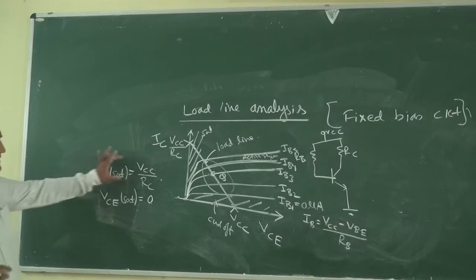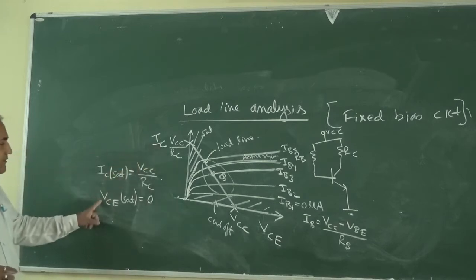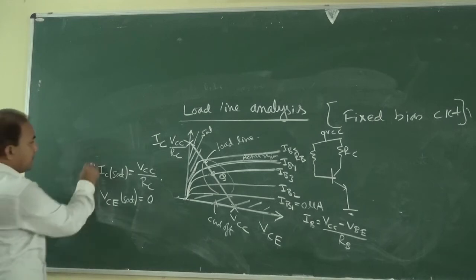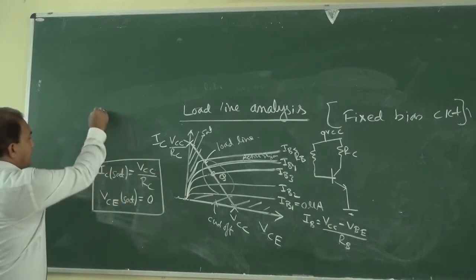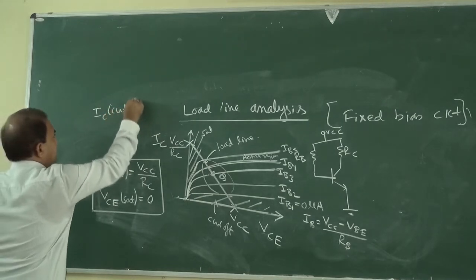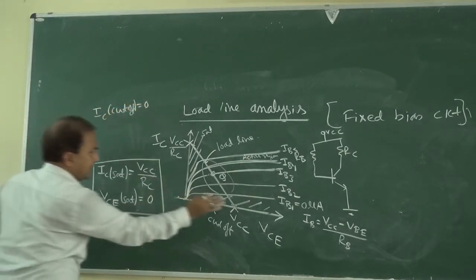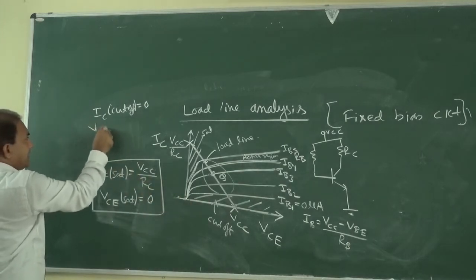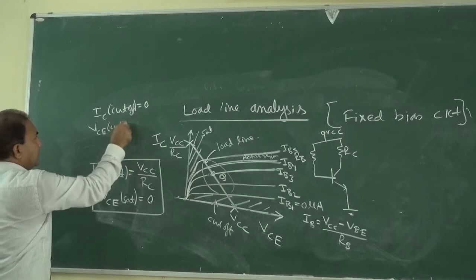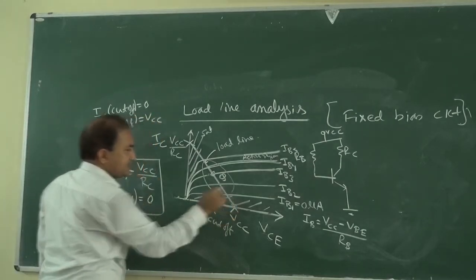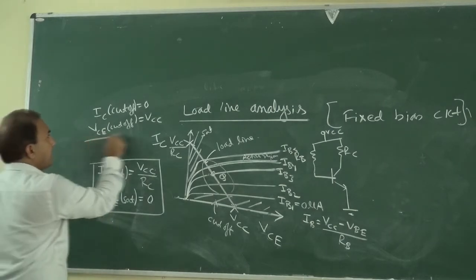And IC in the cutoff region is equal to 0, and VCE in cutoff is equal to VCC.